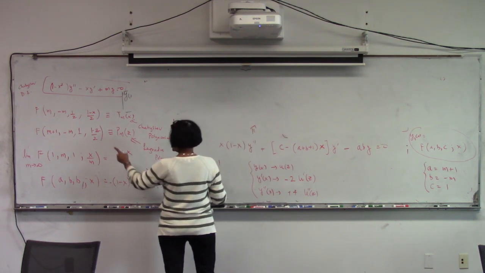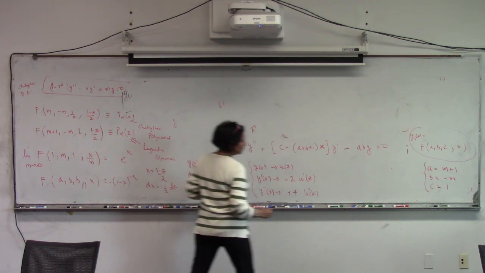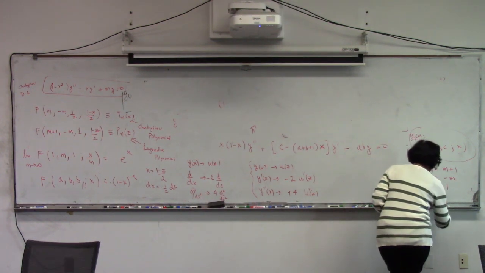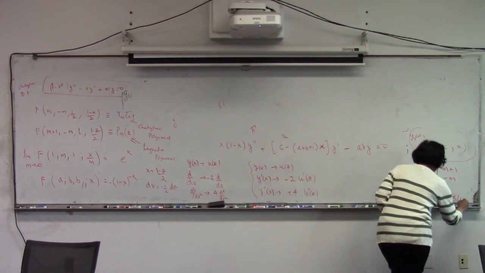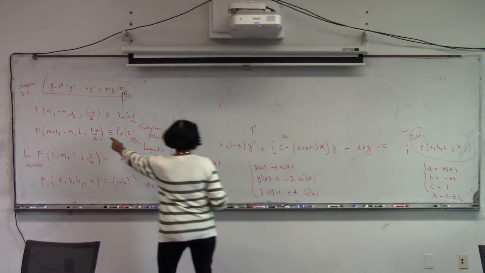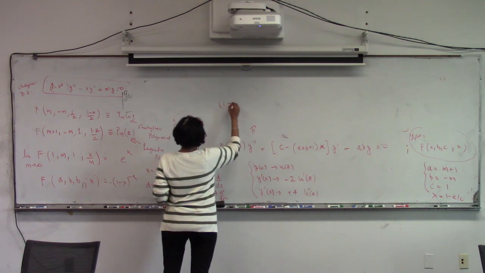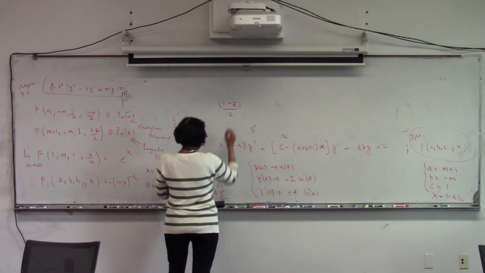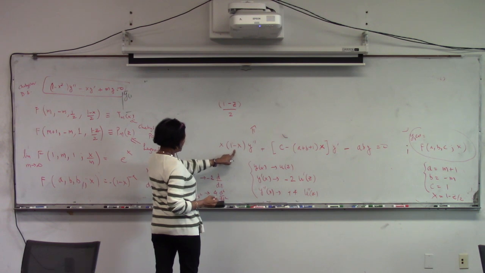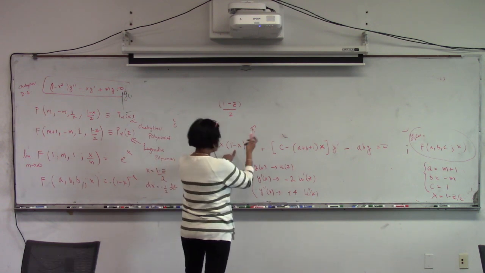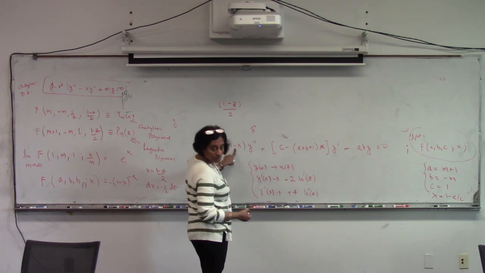So x is (1 minus z) over 2, this is what we want to check, right? So with x as (1 minus z) over 2, what does 1 minus x become? Can I write it as (1 plus z) over 2?